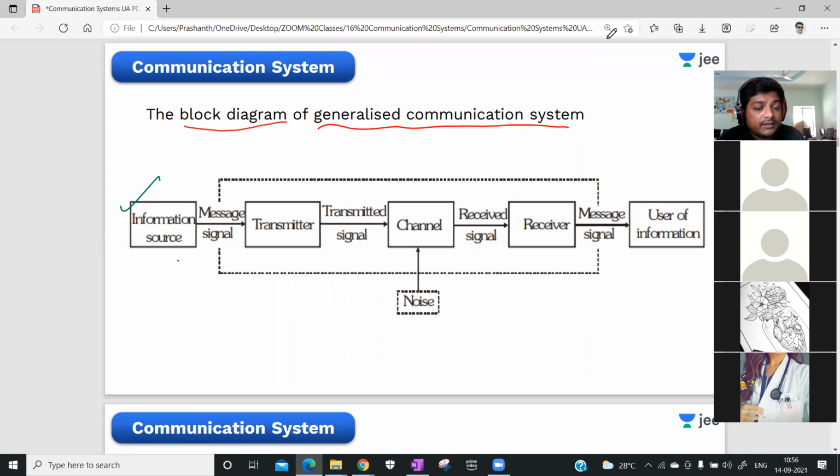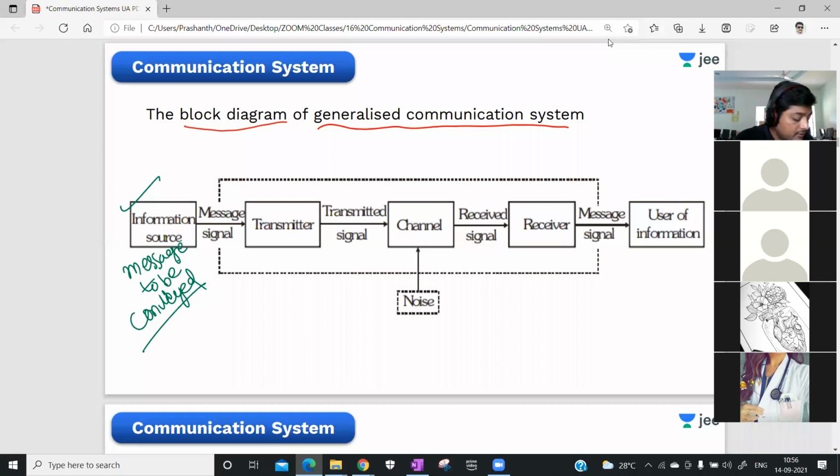What is information? The message to be conveyed is called information.